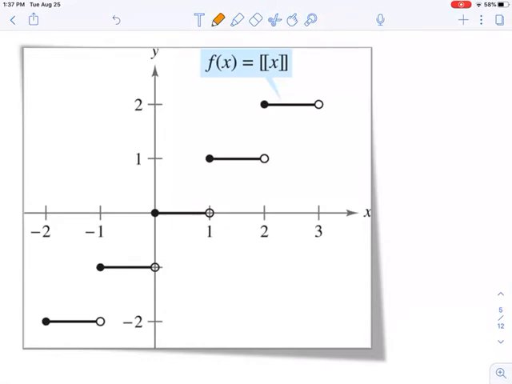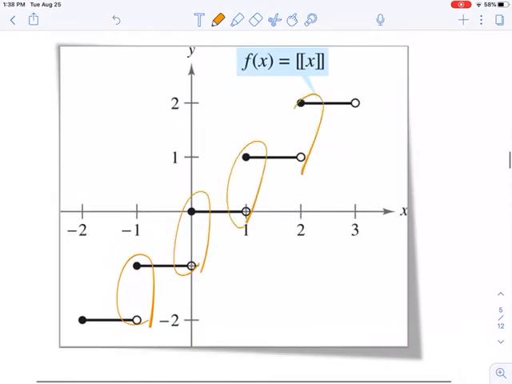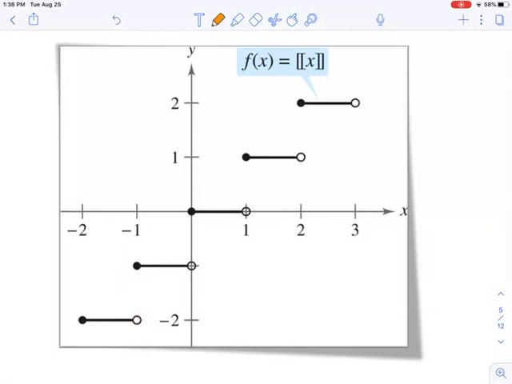Okay. Now, this graph right here, the greatest integer function, we sometimes like to call the step function, okay? It is not a continuous function. We have a break here, we have a break here, here. Basically, at each integer x value, we have discontinuity.